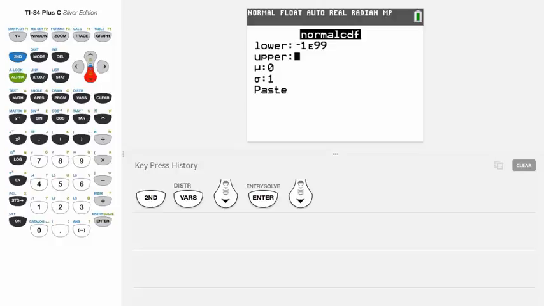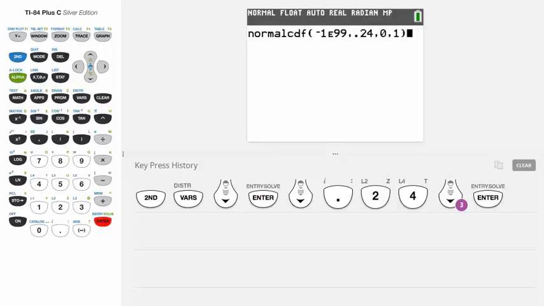I'm going to go down to my upper bound, which is my z-score, 0.24. I want 0 for my mean, 1 for my standard deviation, and then enter. And it is typed just like it was with the other calculator. Enter again, and I get the same area of 0.5948.